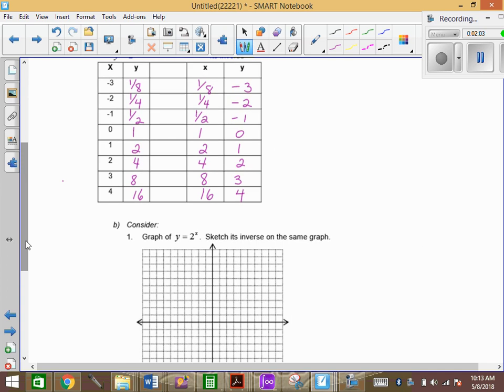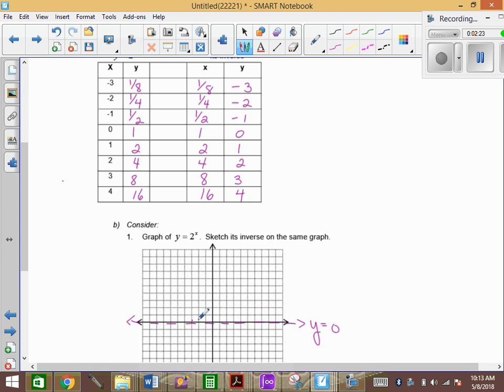So if we graph the 2 to the x graph, we have an asymptote on the x-axis, so that's at y equals 0. We have coordinates at negative 3 and 1/8, so very close to the x-axis.